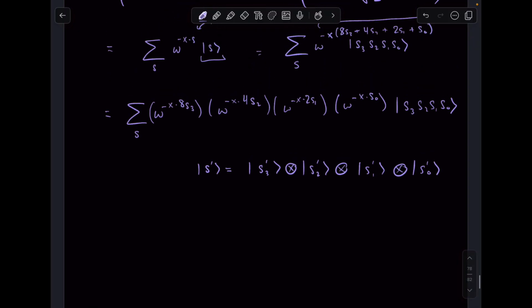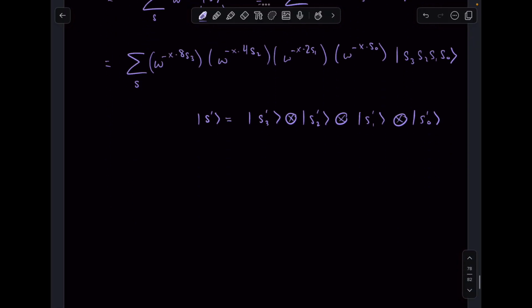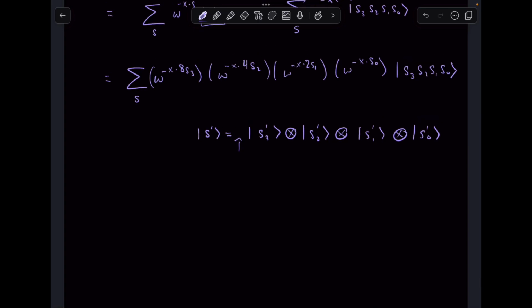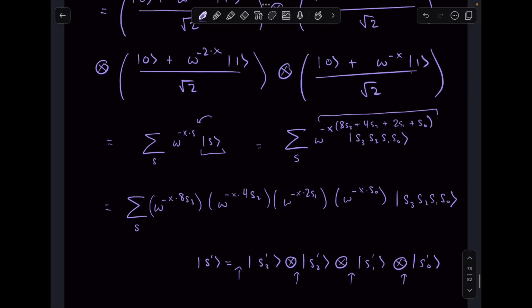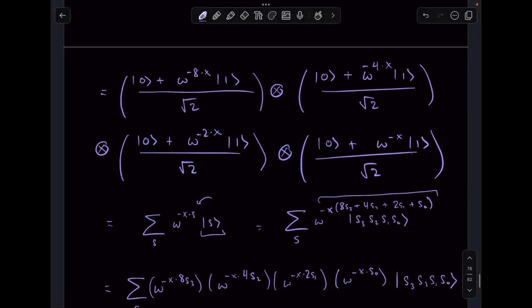So if we were actually to expand this product, we want to ask what's the amplitude that's going to go here. And we can do this by looking at the amplitude that's going to go in front of each of these things separately, and then just multiply them together. Because all of this represents the most significant bit. This is the second most, and so on.